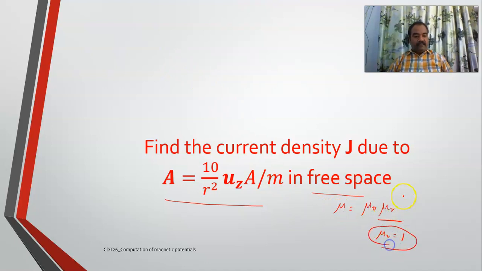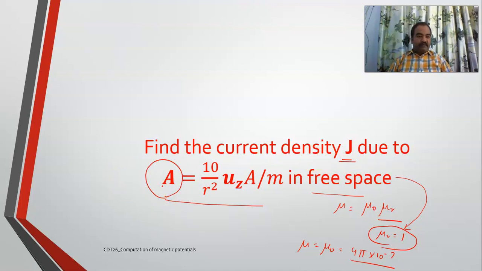This is an indication of the free space. So your mu is just mu naught, which is nothing but 4 pi into 10 to the power of minus 7 without the units. And he's asking us to determine current density J with the potential which has been given for us.